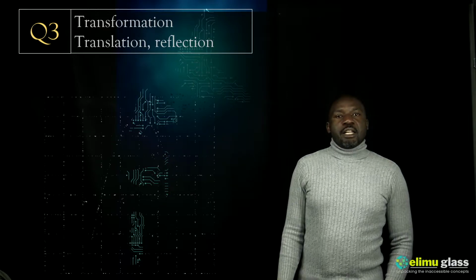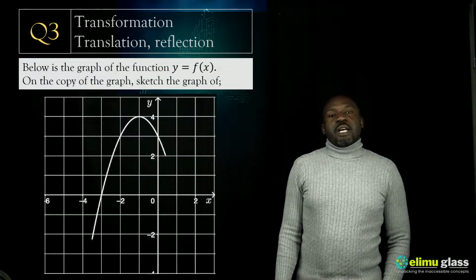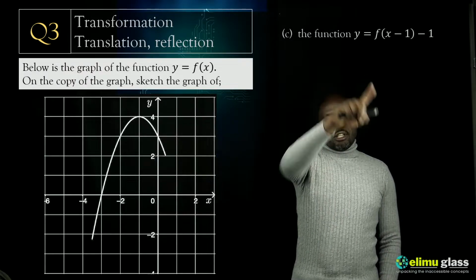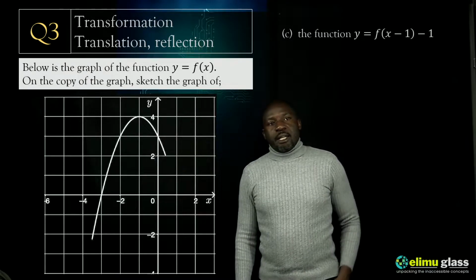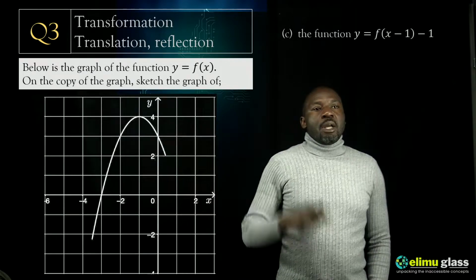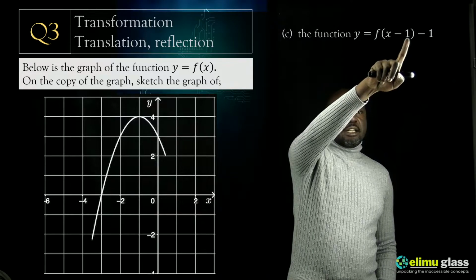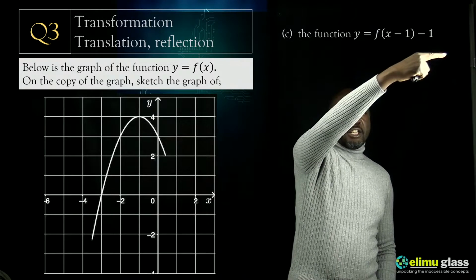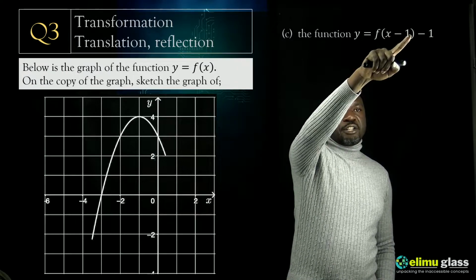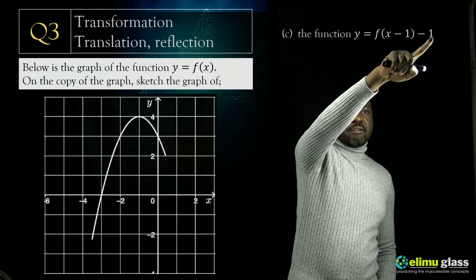Okay, the last part of question 3. Here is a transformation, and if you're quick enough, you should see this is a translation. It has moved 1 step in the positive x direction, and 1 step in the negative y direction.